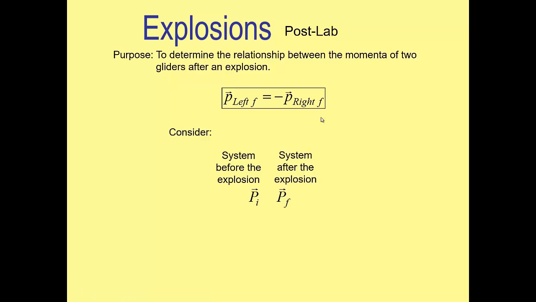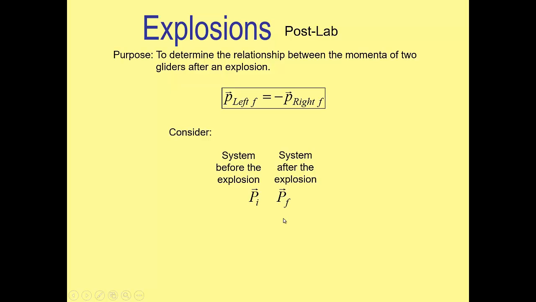That's a pretty technical thing. If you don't follow that, it's okay. But it's kind of hard to see in my PowerPoint, but these are actually capital P's because this is a system of two carts before the explosion. This is a system of two carts after the explosion. Well, I want to know, how do those compare?